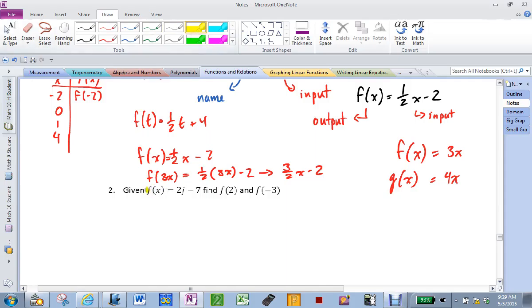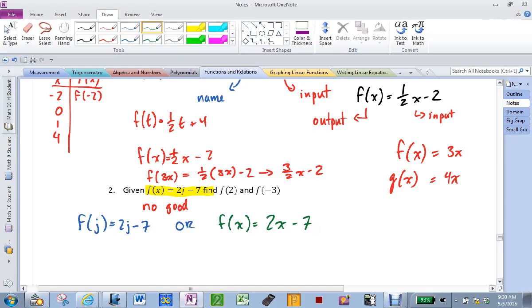This is no good. Rewrite this so I could do it. What would need to change? It would need to be f of j equals 2j minus 7, or f of x equals 2x minus 7.